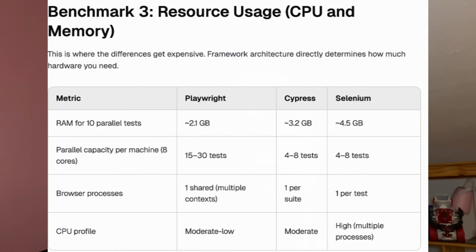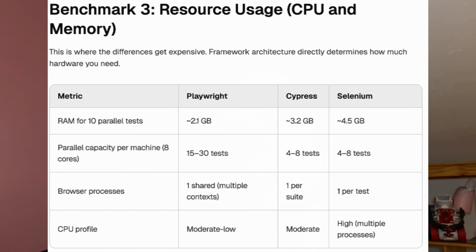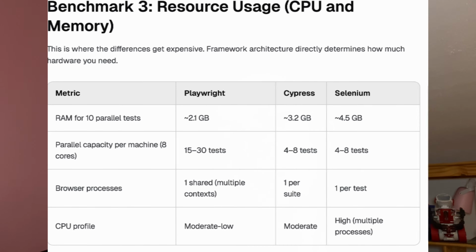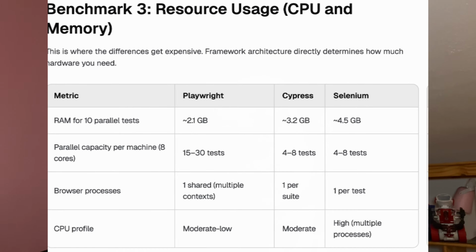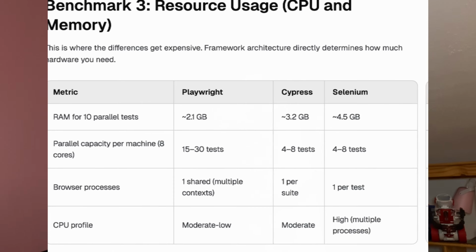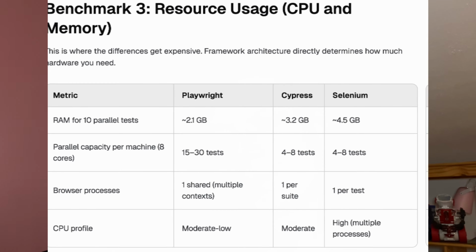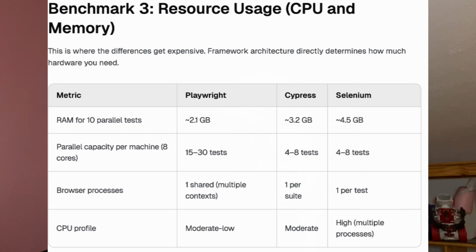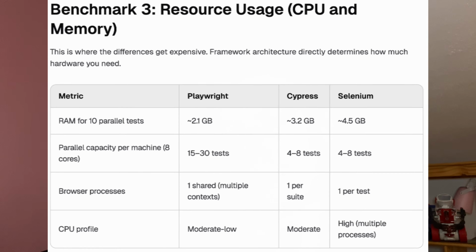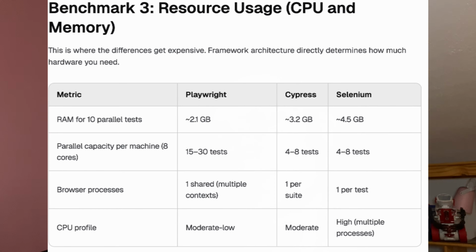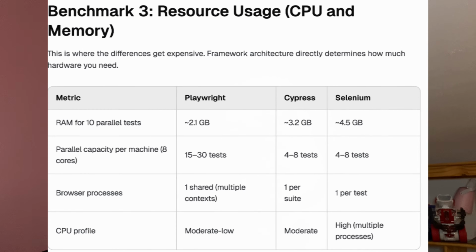Next, capacity. How many parallel scenarios are we able to run? For Playwright it's 15 to 30, for Cypress 4 to 8, for Selenium also 4 to 8. Browser processes: one shared browser process for Playwright, Cypress one per suite and Selenium one per test.